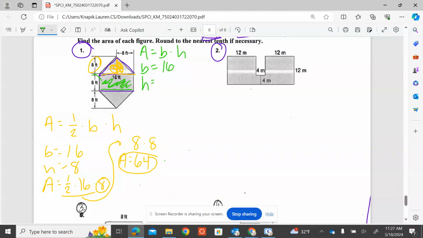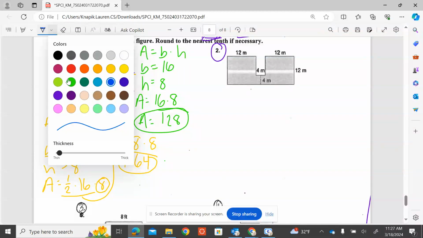We know that our height is 8. So our area is going to be simply 16 times 8. You could do an area model, or you can use a calculator if you have one. I'm just going to use a calculator for the sake of time. We have an area of 128.